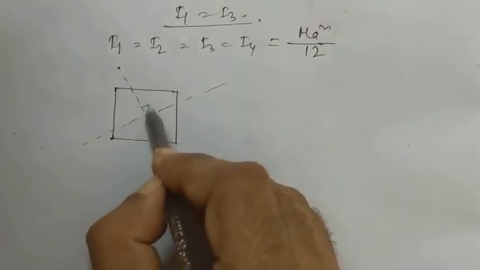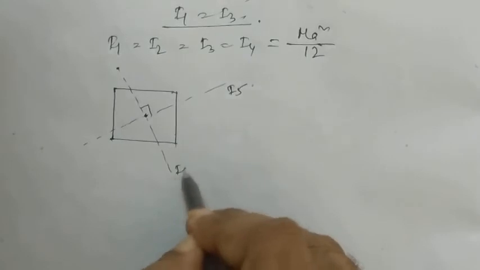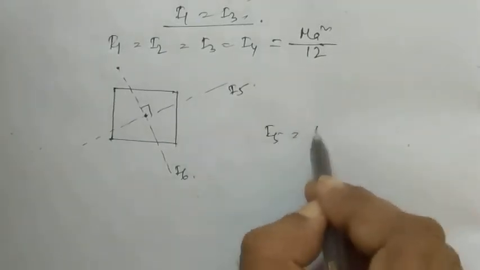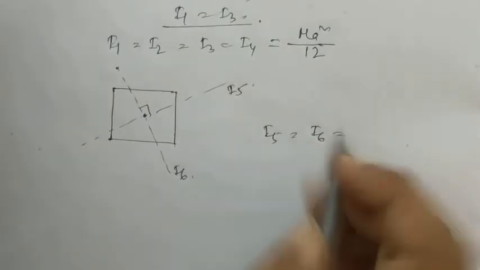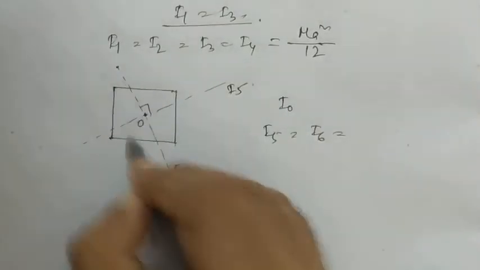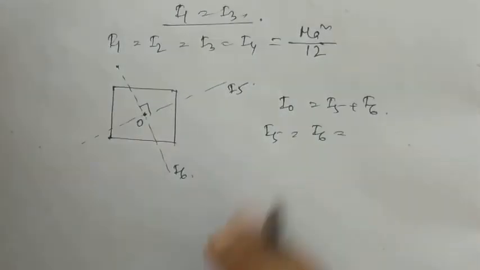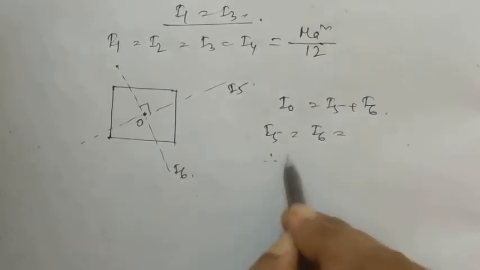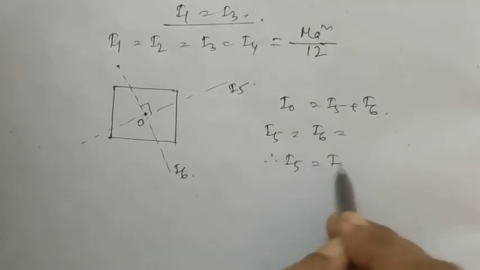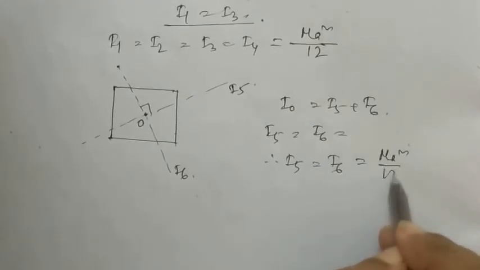The angle between these two is 90 degrees. Now suppose this is I5, this is I6. Here also we can write I5 is equal to I6 according to symmetry. I5 is equal to I6, and IO, this is O, is equal to I5 plus I6. So here also I5 and I6 are equal to Ma square by 12.